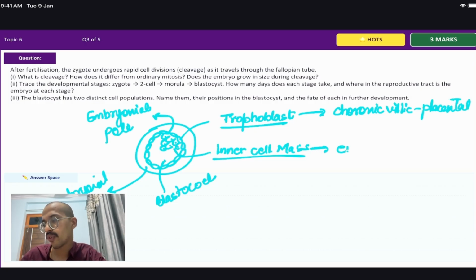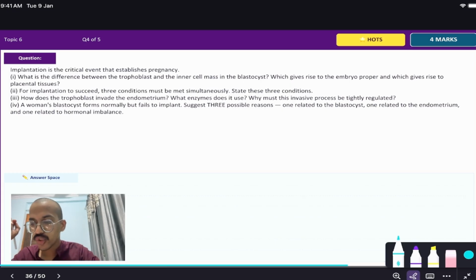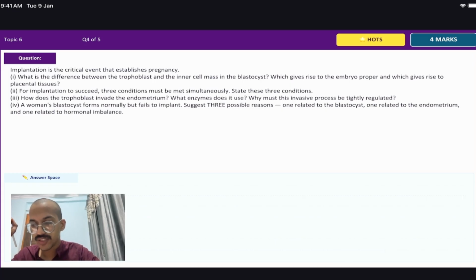The inner cell mass will form the embryo. Not just the embryo, other things will also form, but that's the point here. Next, implantation is a critical event in establishing pregnancy. What is the difference between trophoblast and the inner cell mass in the blastocyst? Which gives rise to the embryo proper and which to the placenta? You know that. We have already done it.